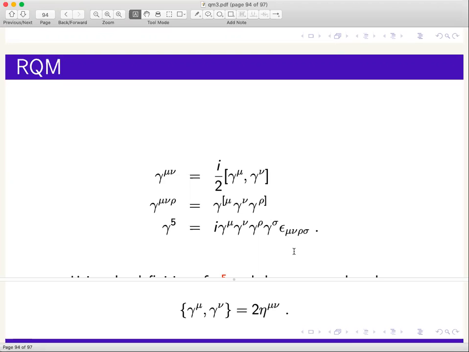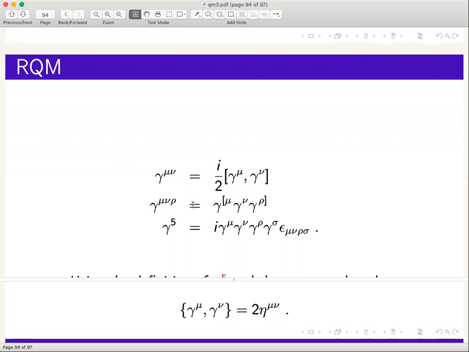Under any odd exchanges, that means you exchange once or 3 times or 5 times, it would be minus 1. And any time two of the indices take the same value, epsilon just vanishes. A quantity like that ensures that gamma phi is effectively i times gamma 0, gamma 1, gamma 2, gamma 3. Effectively, that is the value.